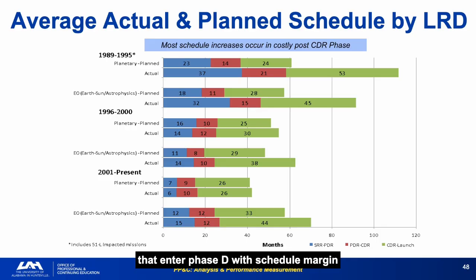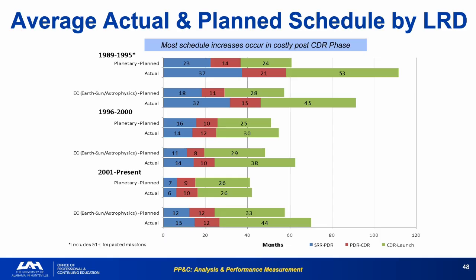Programs that enter Phase D with schedule margin intact are far better positioned than those that consume all their float by CDR. CDR float is the most valuable schedule insurance a program can carry. The analyst's job before CDR is to protect schedule margin. The analyst's job after CDR is to identify INT and integration problems before they lead to launch delays.